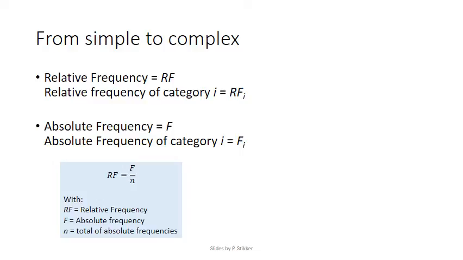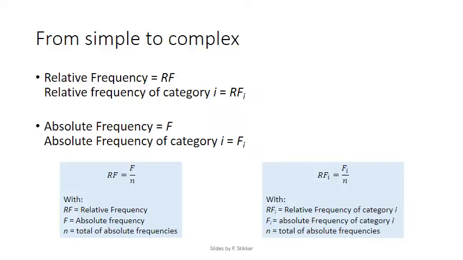If we then substitute these new ones in our old simple formula, we get a slightly more complex looking one with the indexes. In the end, it does the same thing. It's just slightly more precise. Sometimes it confuses students a little bit, but it's actually the same. It's just more precise, so that you can indicate which particular category you're working on.